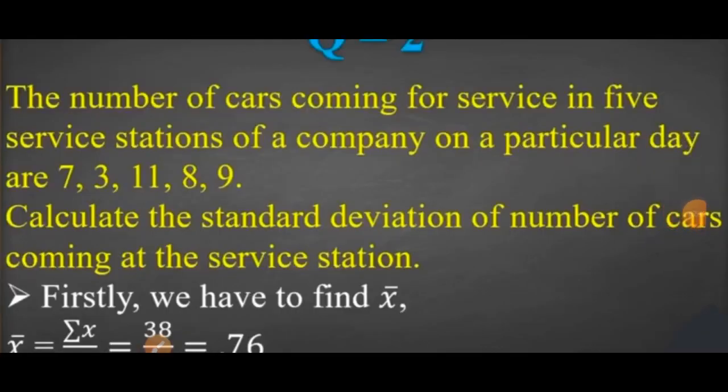Sum number 2. The number of cars coming for service in 5 service stations of a company on a particular day are 7, 3, 11, 8, 9. Calculate the standard deviation of the number of cars coming to the service station. Here we have to find the standard deviation. For that, first we have to find the mean, by which we can decide which method to follow.